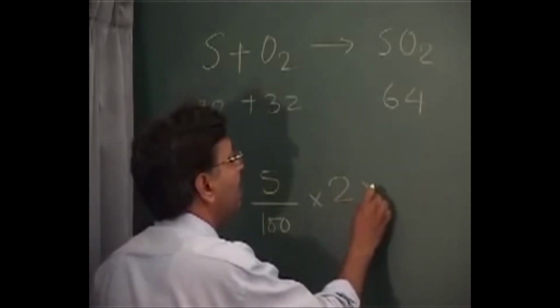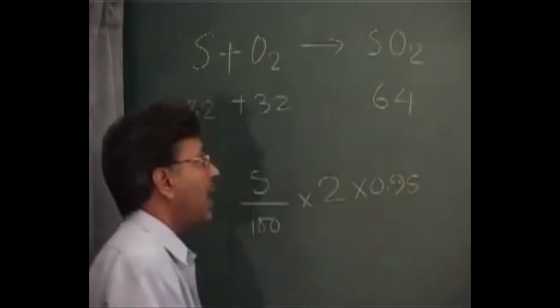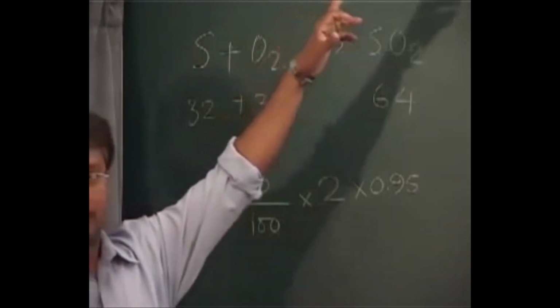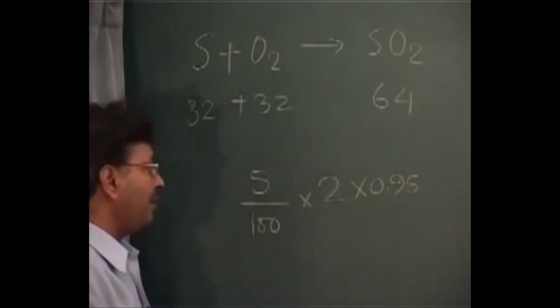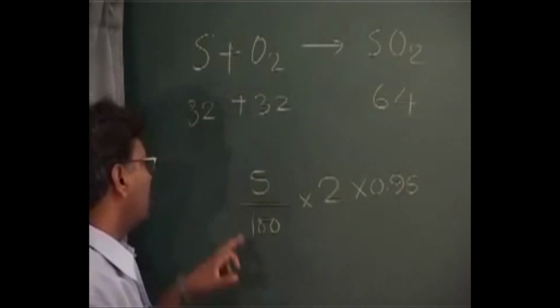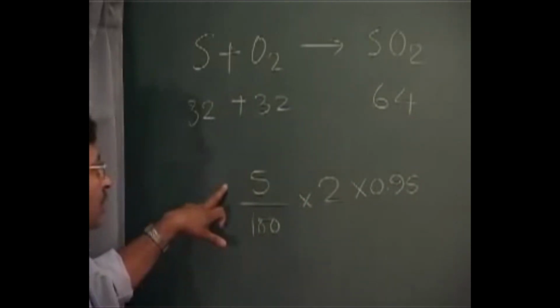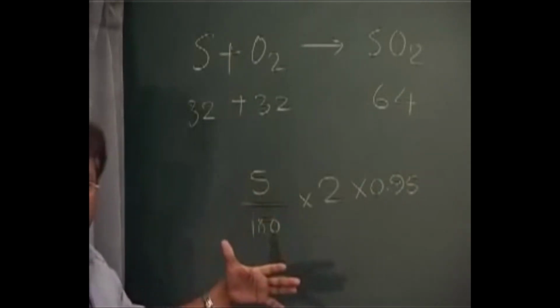And 95% of this comes out, not the entire thing is converted, as per the problem. So this is 0.95. This is the emission, in units that depend on the coal units you have taken.